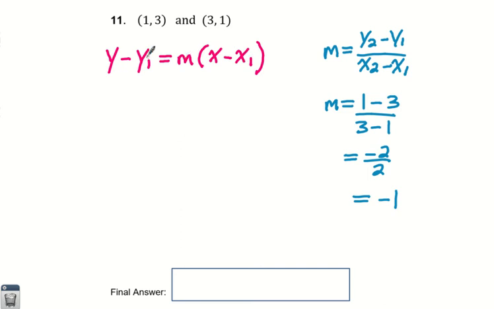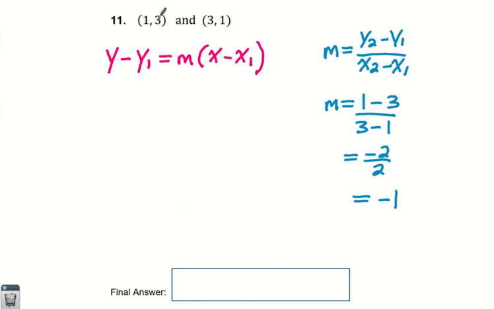Now my m is definitely going to be -1. For my point, x1, y1, I could actually pick either one of these. But like I said in the lesson, at the time when we first learned this, we just got done calling this point x1 and y1. Like over here, we literally just did this, and we called this our x1 and this our y1.